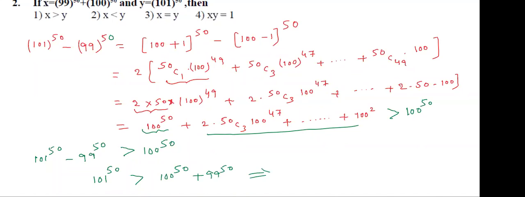By observing the question, 101^50, that is y, is greater than 100^50 plus 99^50, and that value is x. So finally, what is the answer? y greater than x, or x less than y. Students, which option is correct? Second option.